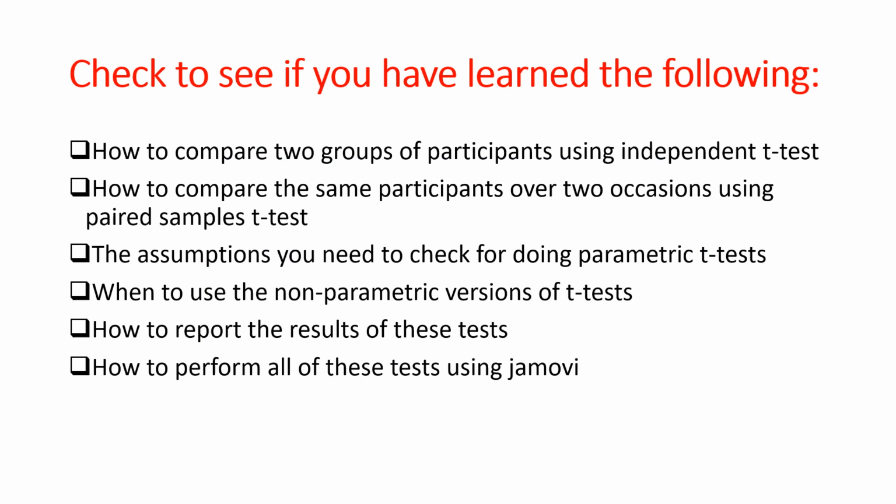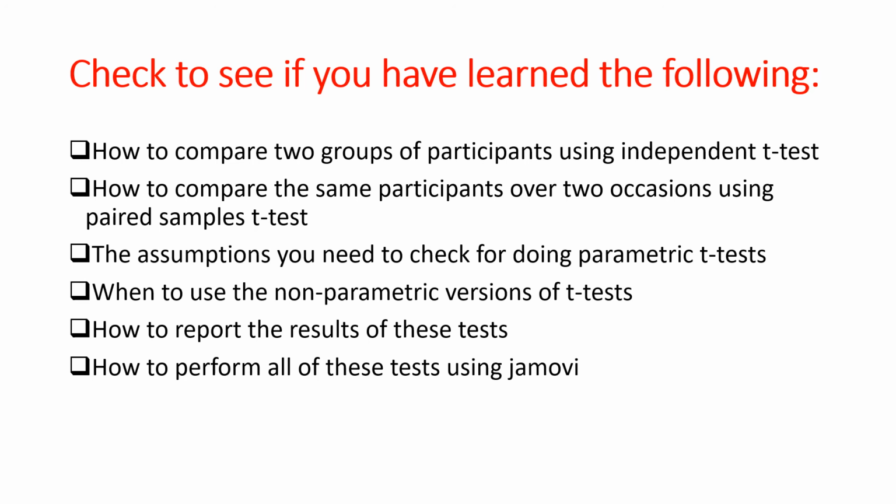That's the end of this session, but before we end, let's review the objectives and see whether you achieved them or not. I expect you to be able to use both the independent sample t-test and paired sample t-test. I expect you to know when to use each of them.